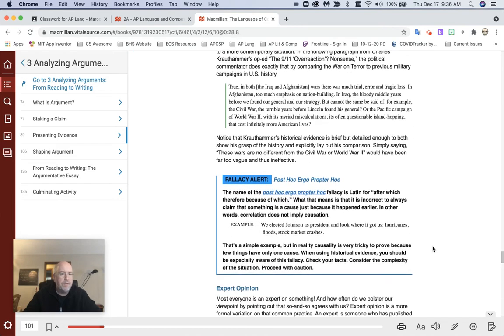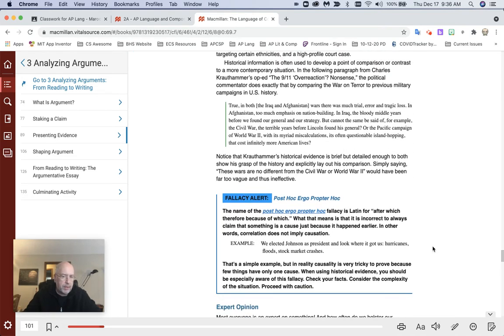Now, the fallacy alert on this is this wonderful statement, and I love the statement because it was actually based on a West Wing episode that I really enjoyed that was also called Post Hoc Ergo Propter Hoc. And that's a Latin term for after which, therefore, because of which. In other words, because this happened after that, the second thing caused the first thing. And that's not necessarily true.